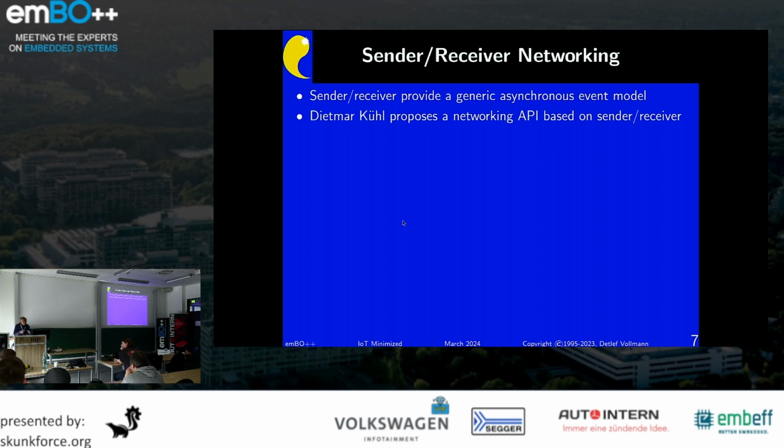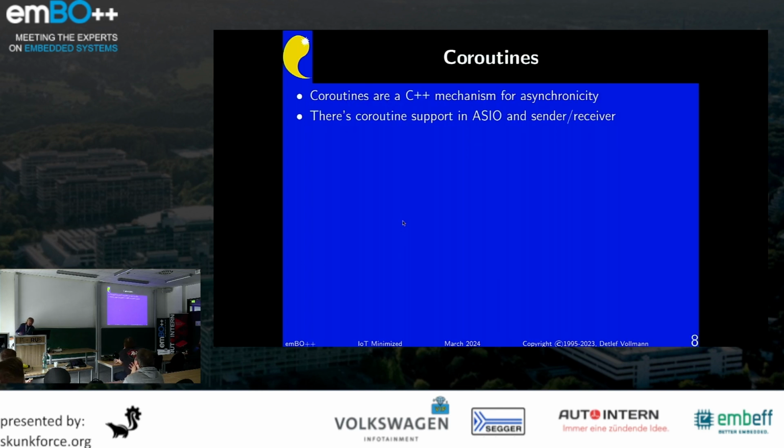So now we have a networking proposal that is based on this sender receiver. I talked about the details of that before. Of course, we also have coroutines. Since C++20, we have coroutines, and that, of course, is also an option for asynchronicity.